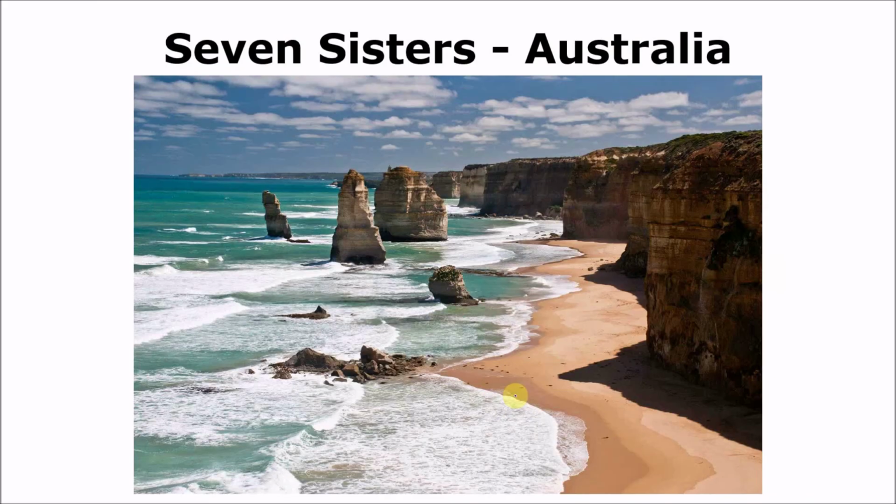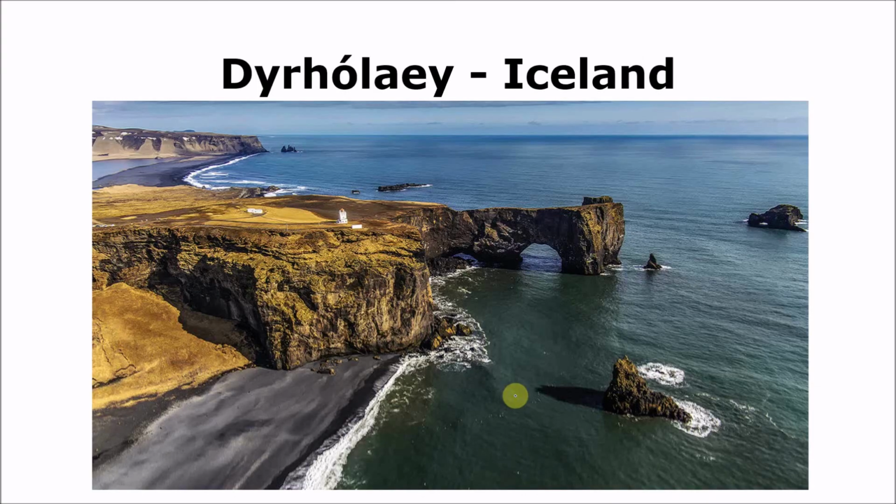A little bit further afield, because it's important that we have an awareness of coastal landscapes beyond the UK. This is a series of stacks on the coast of Australia known as the Seven Sisters, and in Iceland this is like the Icelandic equivalent of Dyrhólaey, a place called Dyrhólaey, which literally means door hole island. And again in the middle of that photo we can quite clearly see that classic archway.